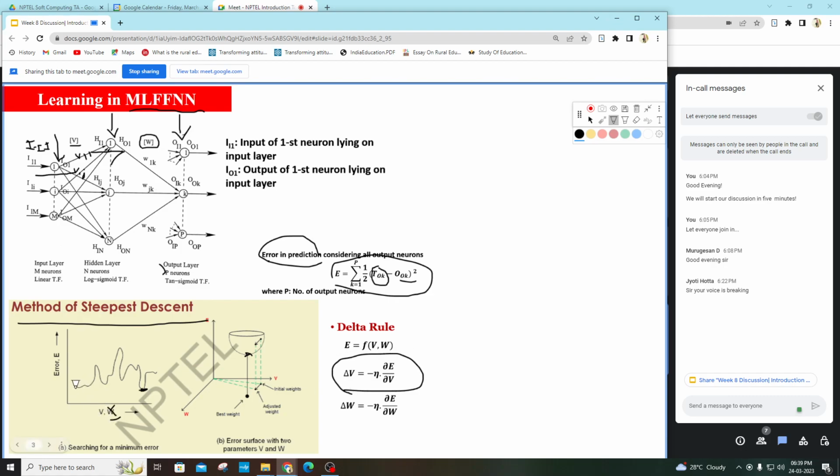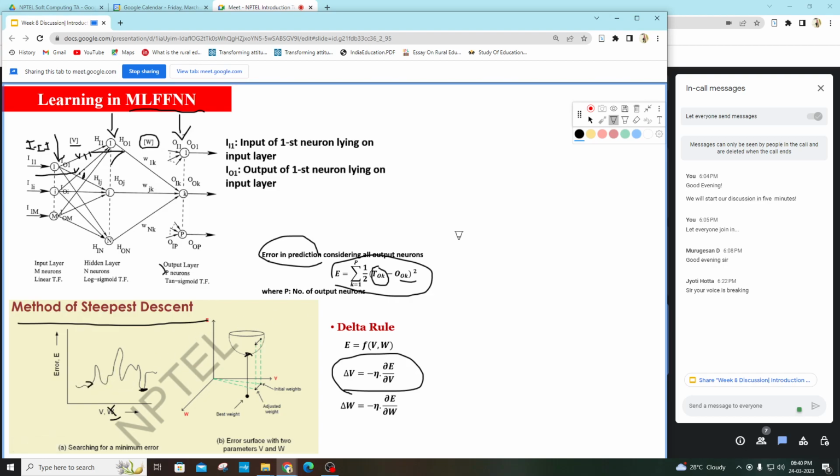See, when you first increase V, your error is increasing, then it reaches a global maxima, then again it is decreasing, it reaches a local maxima, and ultimately you find the global minimum error, okay?